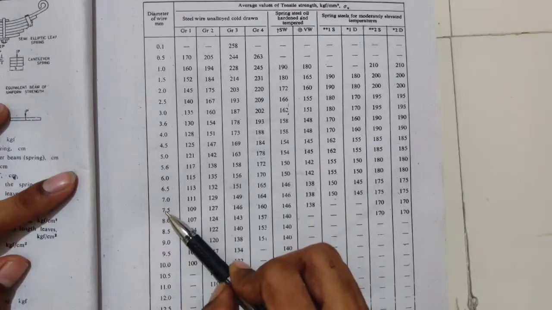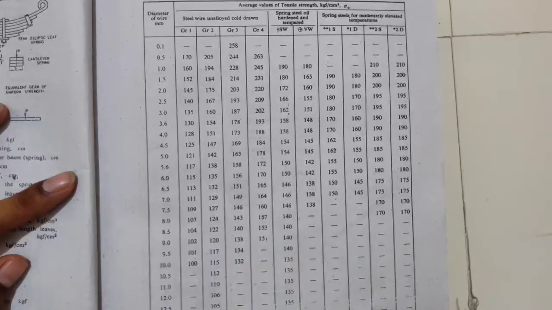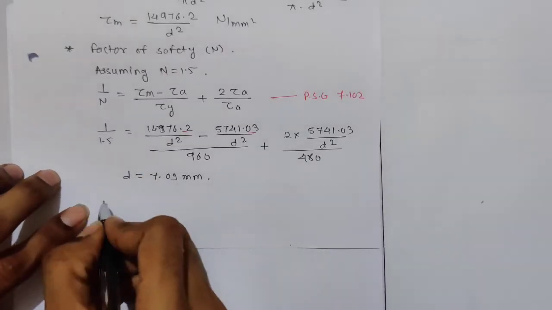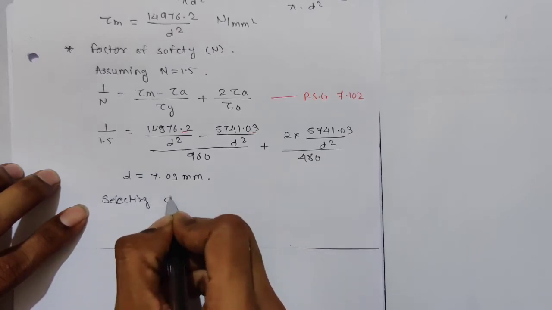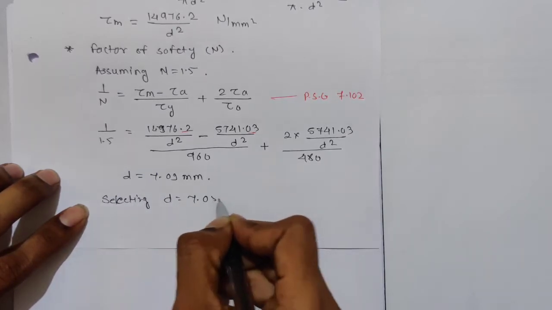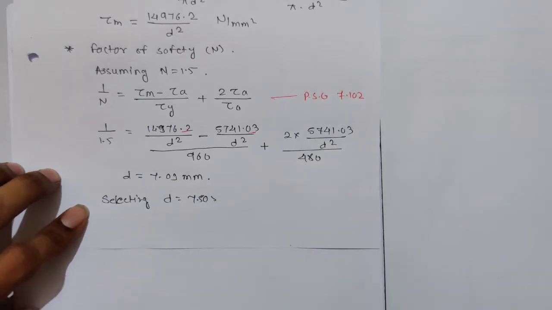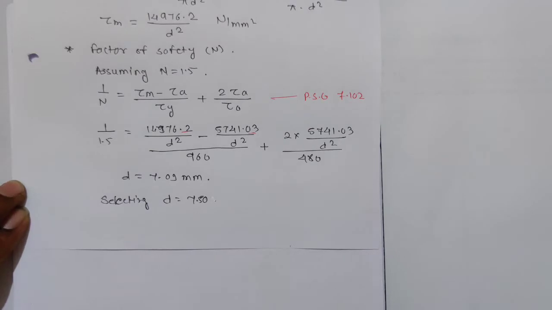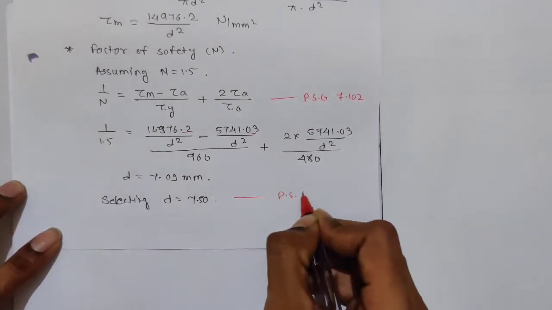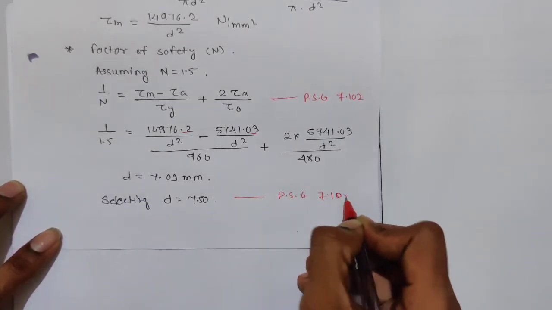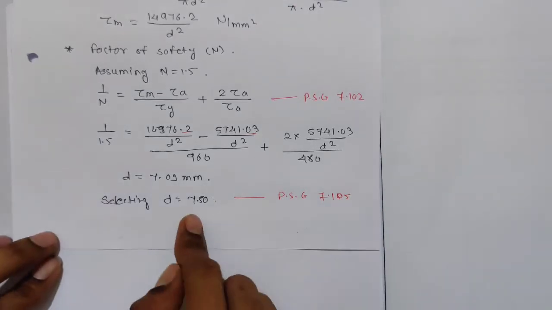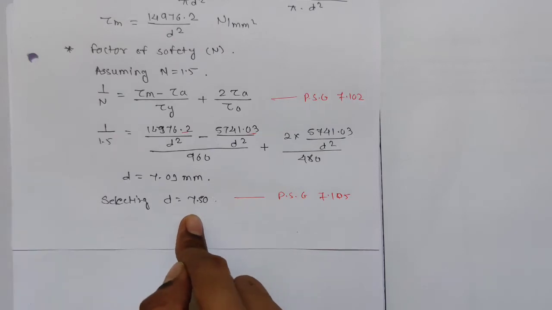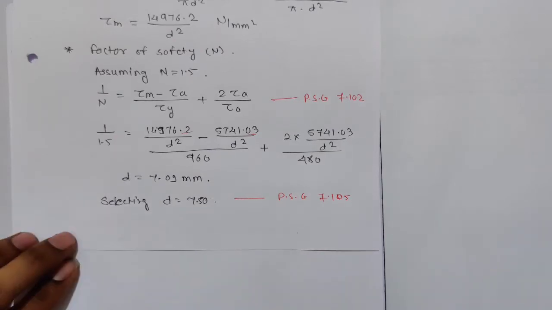So selecting d is equal to 7.50 from PSG 7.105. Alright, so now we found the diameter of wire d as 7.5 mm.